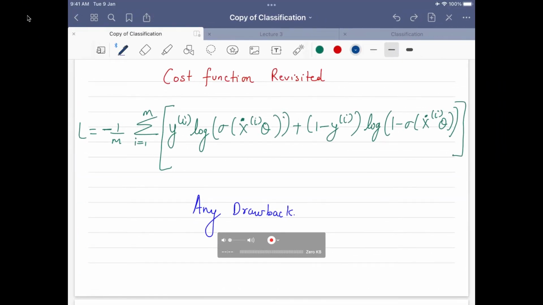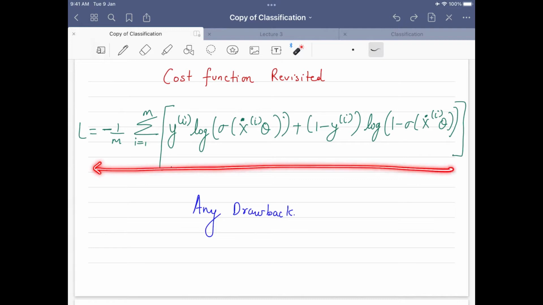Okay, so in the last class we nearly finished the classification cost function, which we discussed in a lot of detail. You can see here we have a lot of details available, and most of it was covered in our earlier lectures.